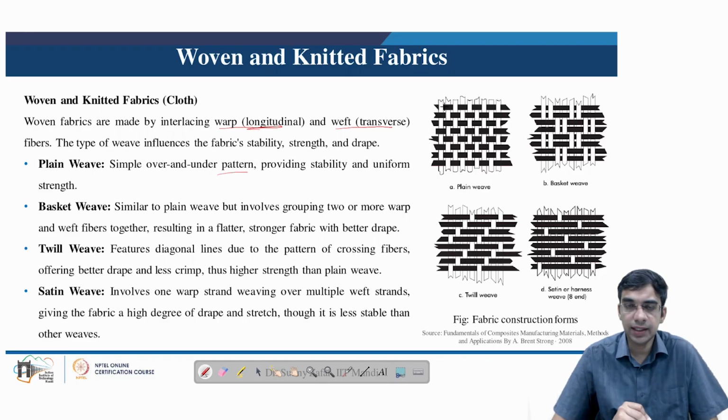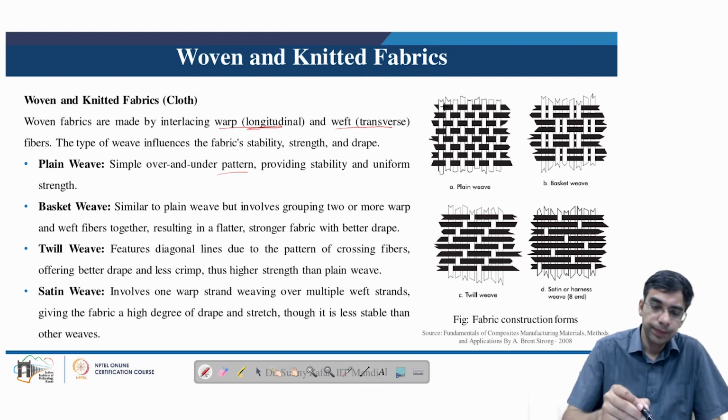Crimp is basically the ability to fold in places, and this also misaligns the fiber. So less crimp is always desired, with higher strength than the plain weave. Then we have the satin weave, which involves one warp strand weaving over multiple weft strands, giving the fabric a high degree of drape and stretch, though it may be less stable than other weaves.